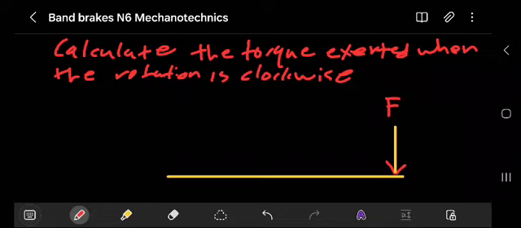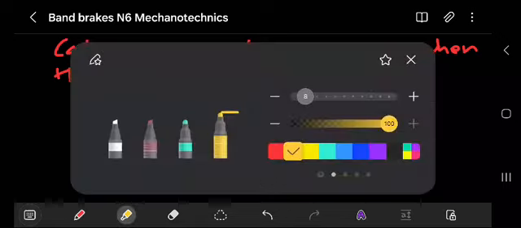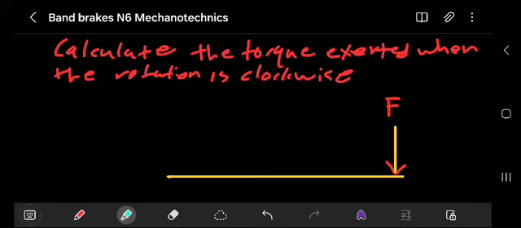Then here we have point A. Point A is the pivot. I can call this A like that.